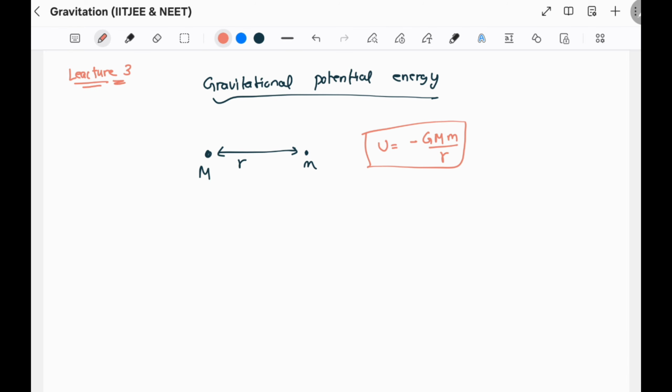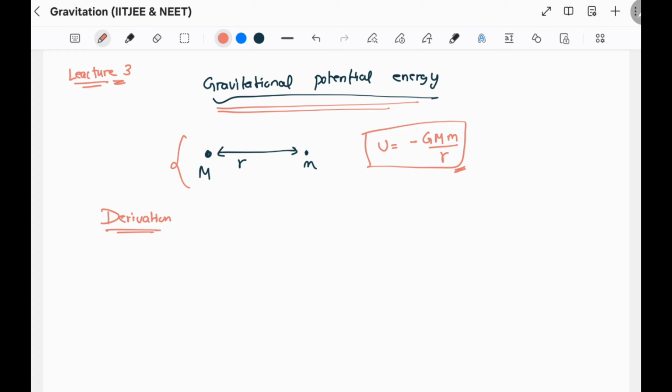But we are not only remembering it here. I will also show how to find the gravitational potential energy when a system of masses is given. So we will do the derivation also, and through the derivation we will get only one formula, G M m by r.